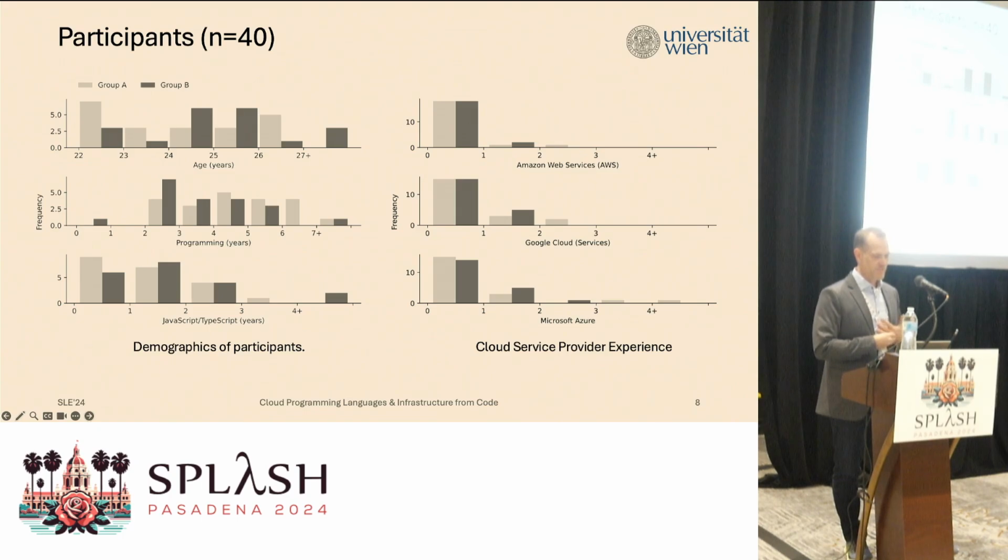Talking about participants, as I said, we recruited the participants at the Faculty of Computer Science. In total, we counted 42 participants. One opted out, another didn't finish the experiment, so we had to rule them out. And the remaining 40 participants were evenly divided into 2 groups of 20.